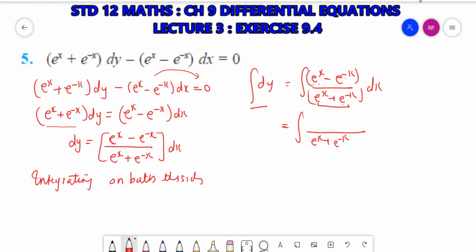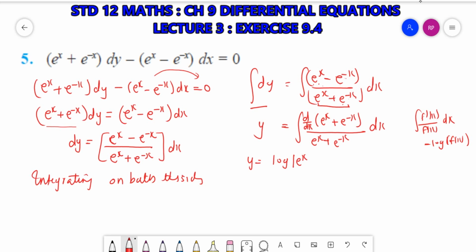Integration of dy is y, and the numerator is the derivative of the denominator, f dash x upon f(x) dx. This will be equal to log of f(x). So y will be equal to log of e raised to x plus e raised to minus x plus c. Okay, so this is the solution of question number 5. So just note it down.